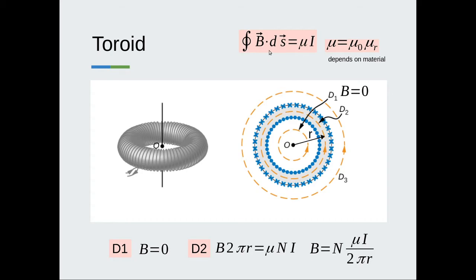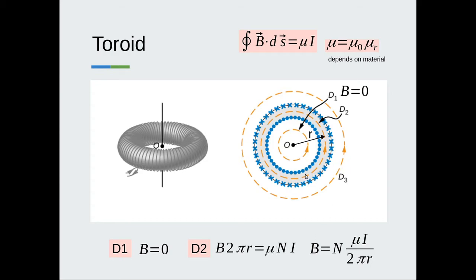So the loop integral gives you B 2 pi r, obviously. Then this is equal to the number of the current on the coil. So this is easy too. For vacuum or for air, we use mu0.